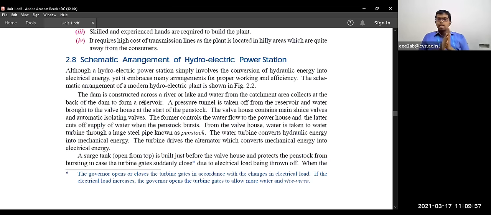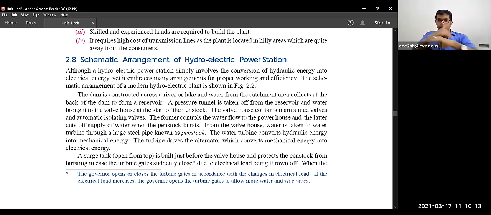The catchment area is nothing but the region between two hills. Between the two hills, you automatically get some valley type of shape. Say, for example, one hill like this, another hill like this.